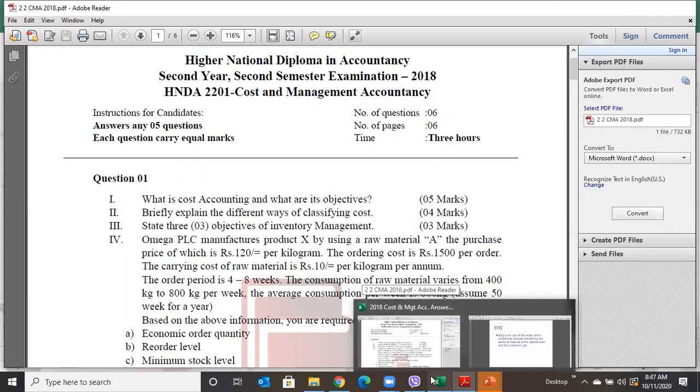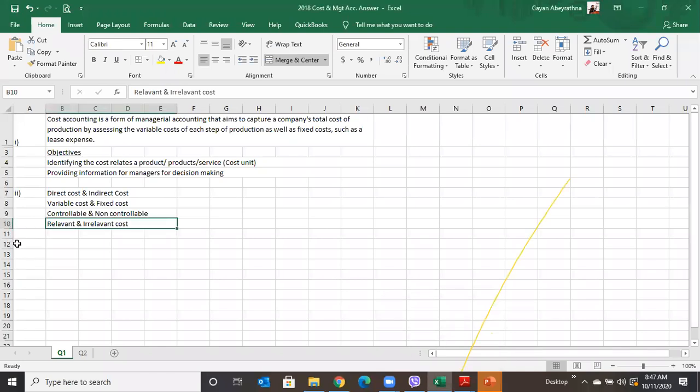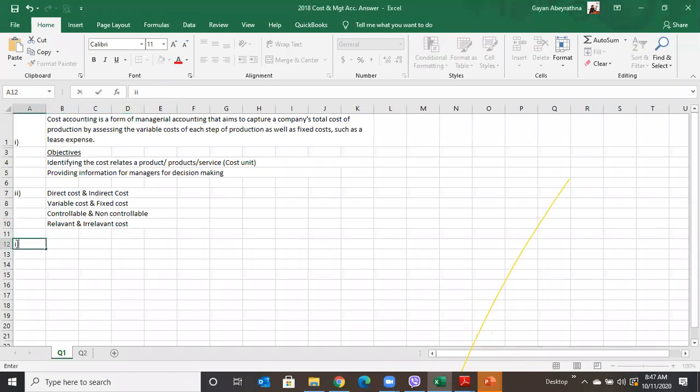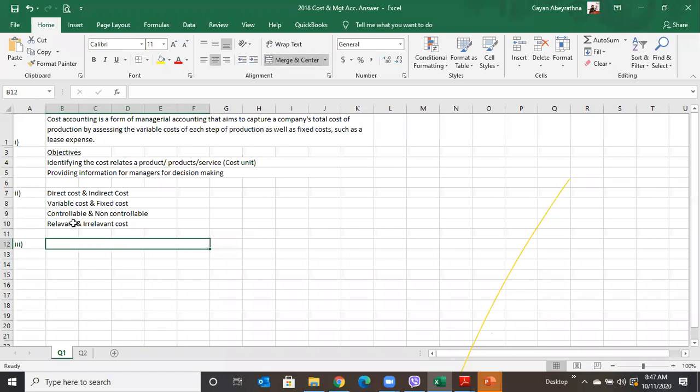Objectives. What are the objectives? Here, in the case of a firm, if a particular firm fails to have stocks on time, what will happen? Then they will miss out on the smooth flowing of the production process.